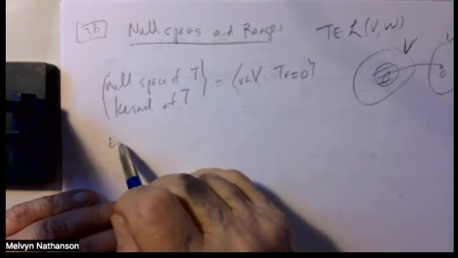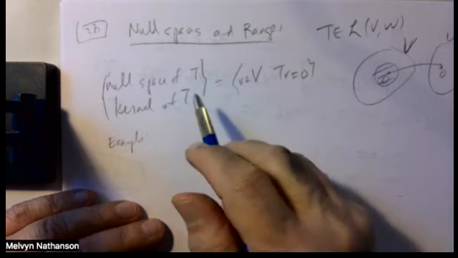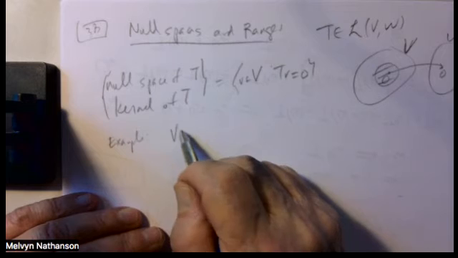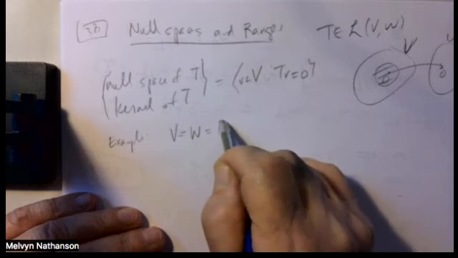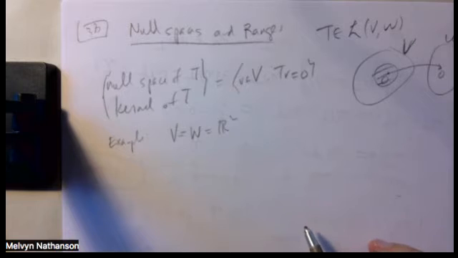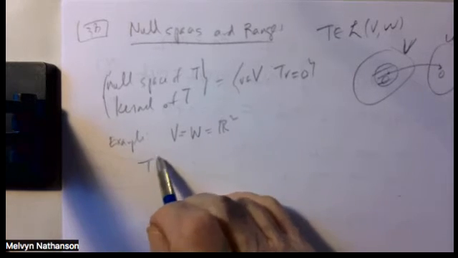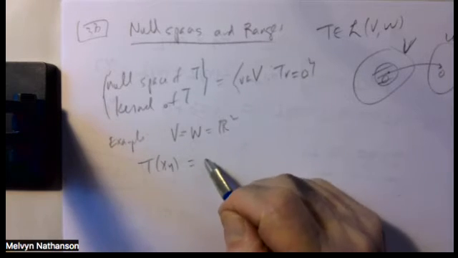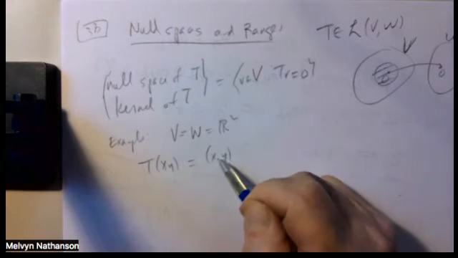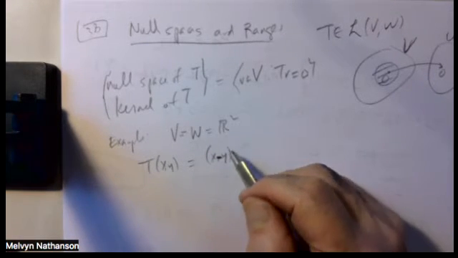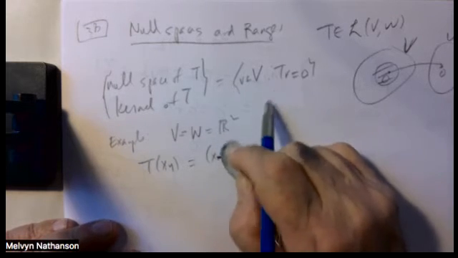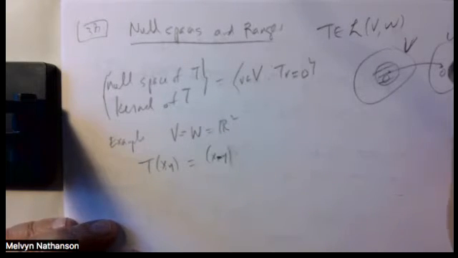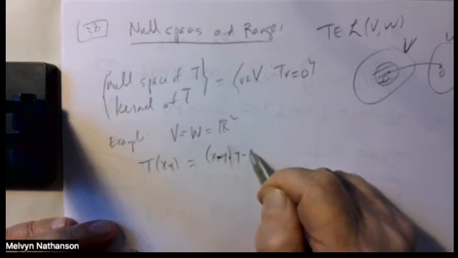So for example, suppose we had V and W equal to R2. And we have the linear map T of (x, y) equals (x minus y, y minus x).